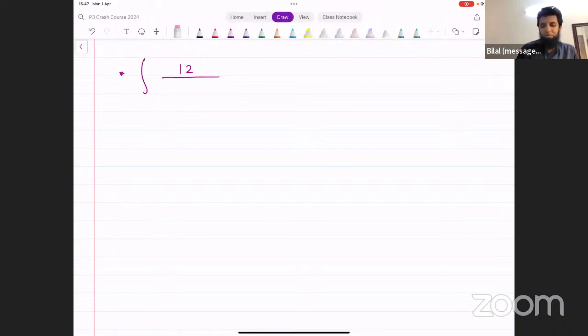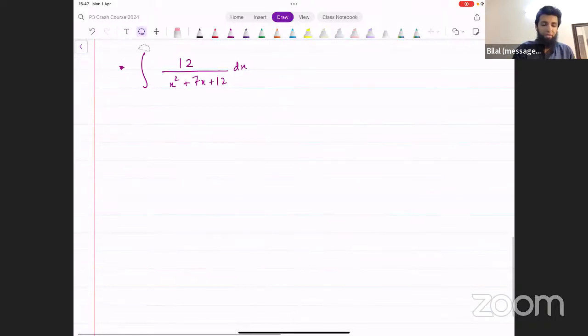Yeah, so let's try this. 12 over x squared plus 7x plus 12. Let's say we have a fraction like this. 12 over x squared plus 7x plus 12.